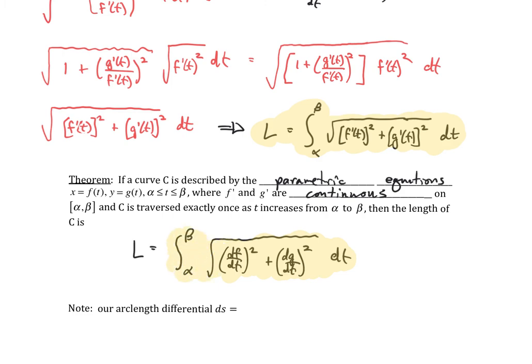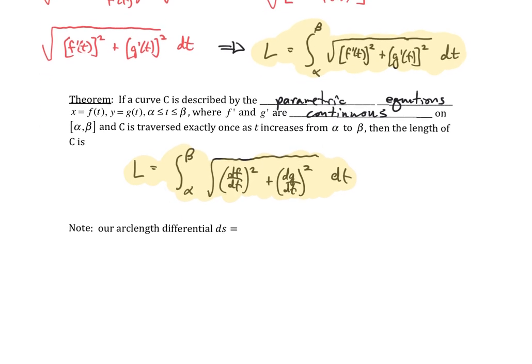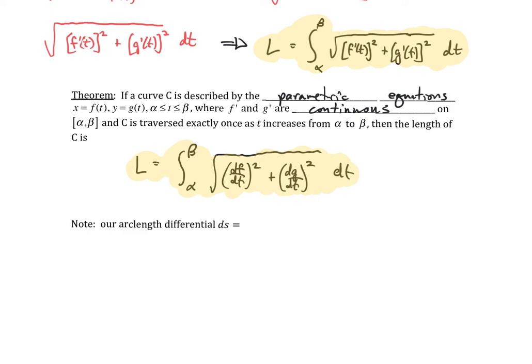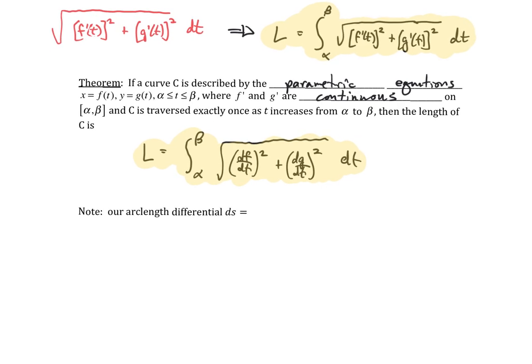These are the same formula, just again, this one is in Leibniz notation. Okay. There is one takeaway that we need, and that is that we actually, through the course of this, found a nice formula for our arc length differential. And as we know, we need to use this arc length differential in order to do surface area. So let's write down our formula for ds.